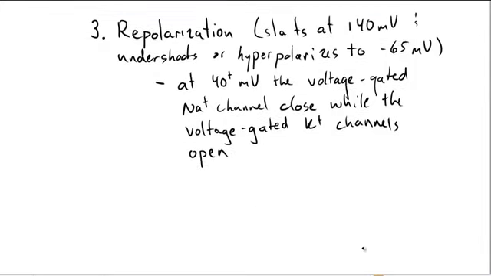So you've had all these positive ions, sodium ions, rushing down their concentration gradient, causing the inside of the cell to become positive. Now, if you open the K plus channels, what way is it going to flow?